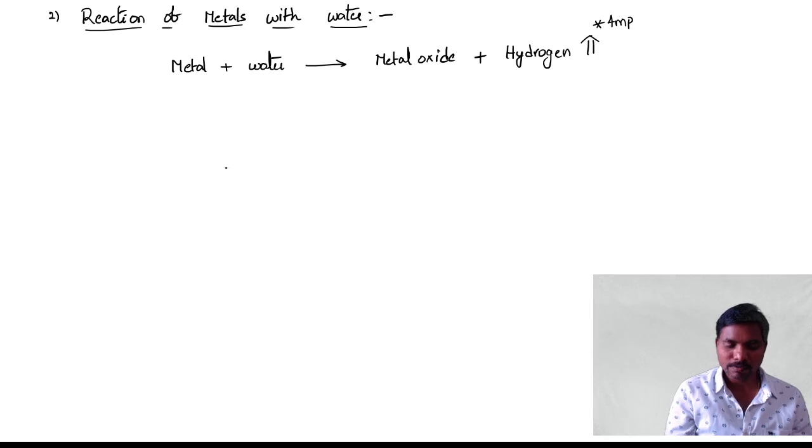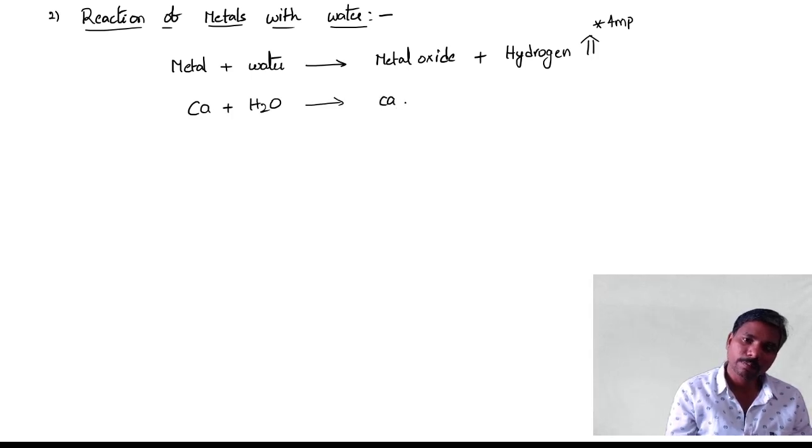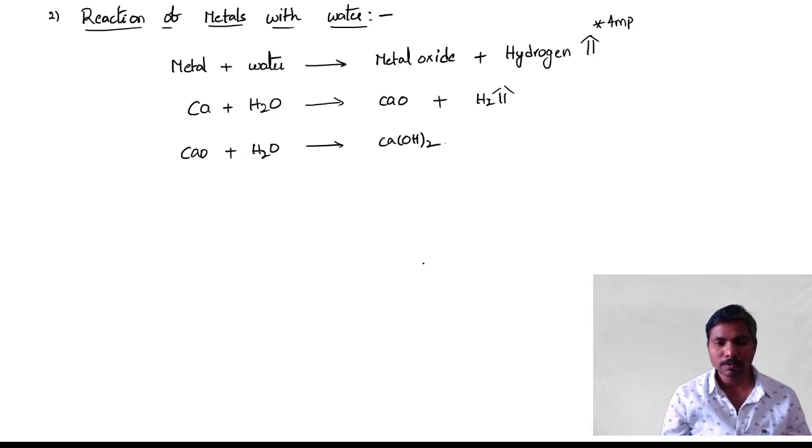Okay. Let us take one example. Calcium with water. You will get metal oxide or hydroxide, calcium oxide plus hydrogen gas is released. Again this calcium oxide reacts with water, then you will get calcium hydroxide. Calcium hydroxide. That means from this one what you can say?